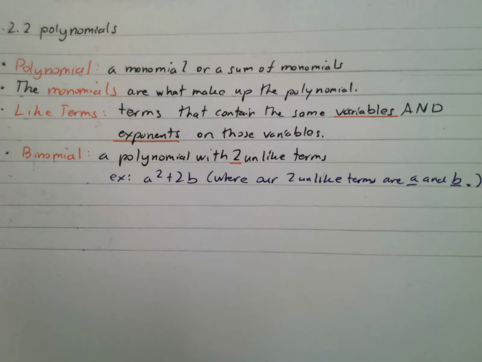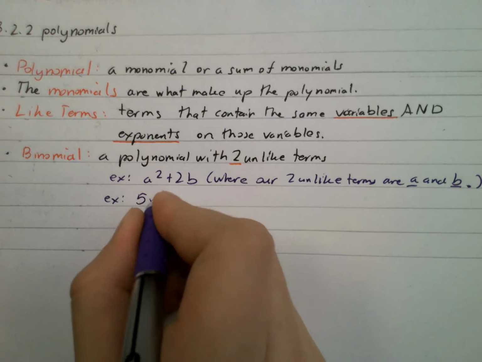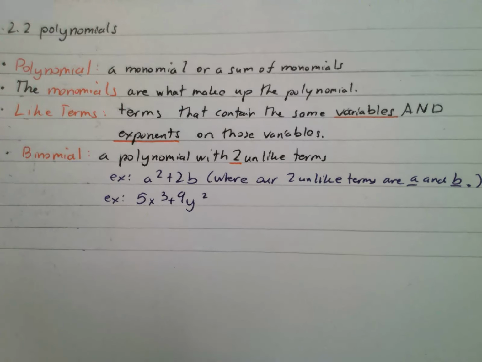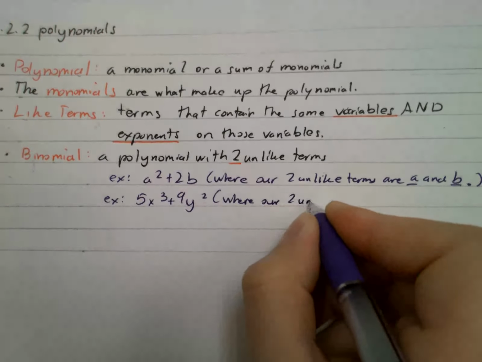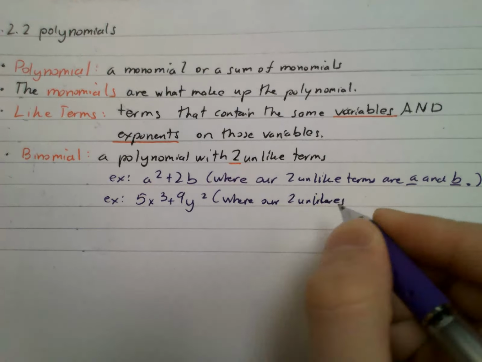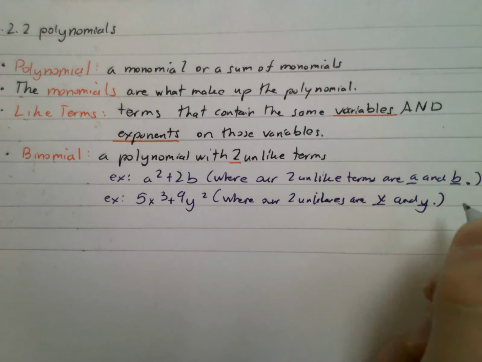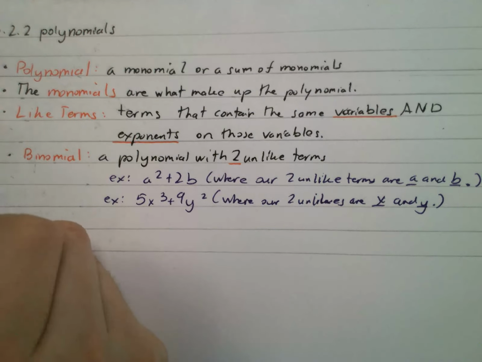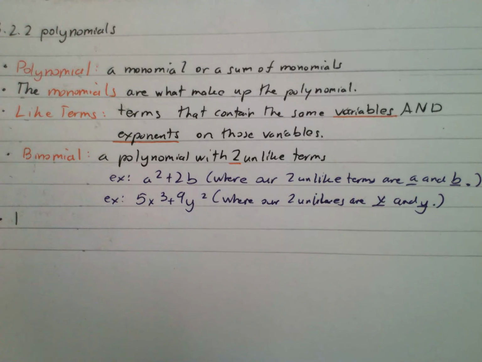All right. Another example would be 5x cubed plus 9y squared. Okay? Again, where our two unlikes are x and y. Okay? Therefore, you could imagine a trinomial. Whoops, red, please.